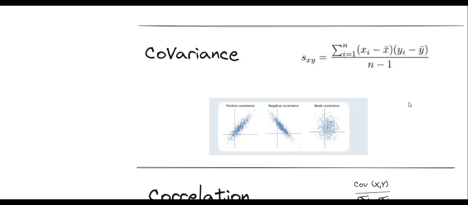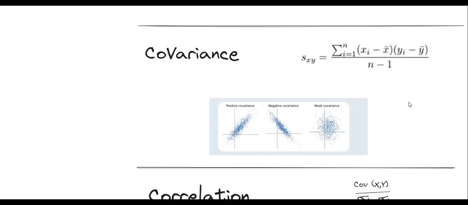The formula for that is xi minus x bar, which is basically the weight of a person minus the mean of the whole sample, multiplied by yi minus y bar, which is the height of the person minus the mean of that height, and we divide the whole term by 99. We do this for the whole 100 people.